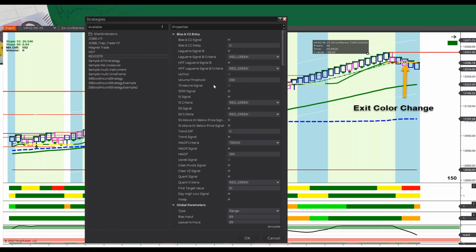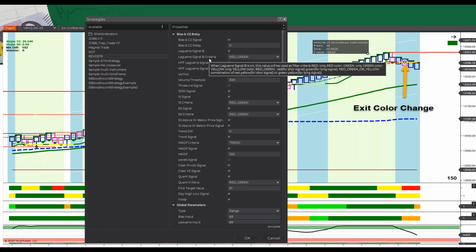All right. So what are the rules for the Money Flow Tracker? First rule, we need a colored background and we want the C2. That's the first rule, so we check it. The second rule, the LIQUIDITY, we want it either red or green. The modified multiple time frame LIQUIDITY, red or green.